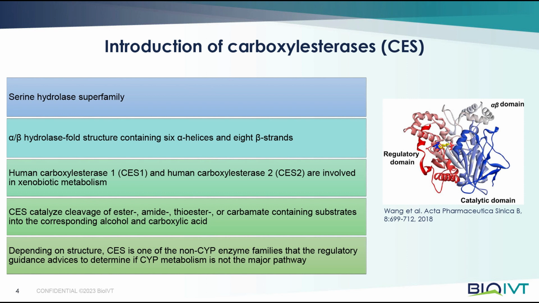And they catalyze the cleavage of ester, amide, thioester, or even carbamate containing compounds, as well as some others. And then, finally, depending on the structure, this is now one of the enzymes, carboxylesterase 1 and 2, that the guidance documents have added. Like if you don't have P450 involved, looking at non-P450 enzymes, before it was sort of, maybe consider it, now it is definitely listed as one of the enzyme systems to consider going forward.